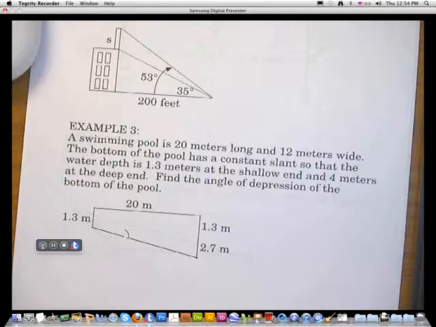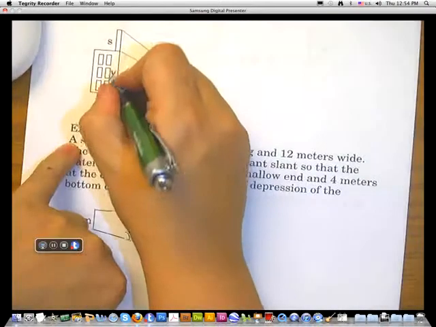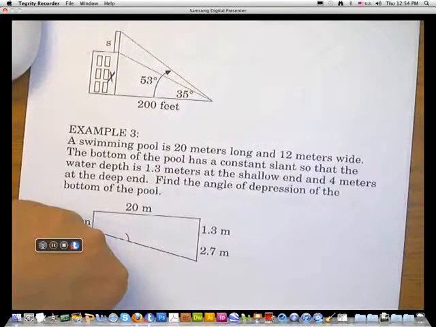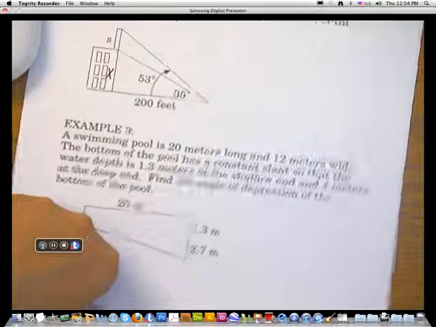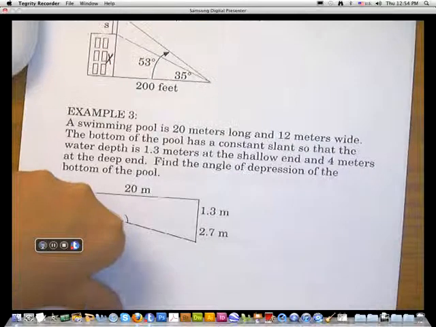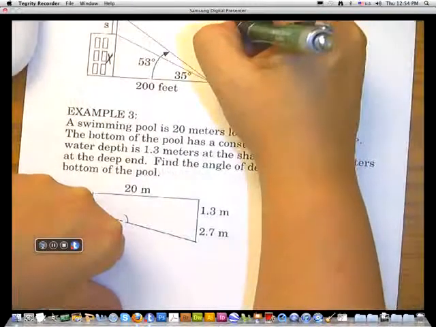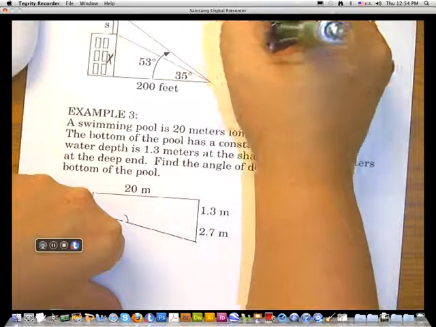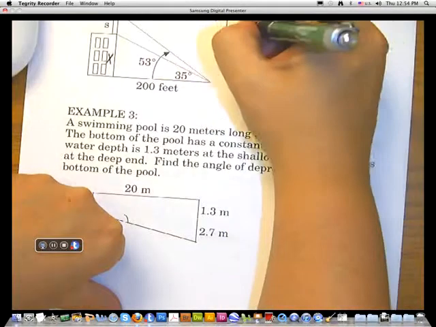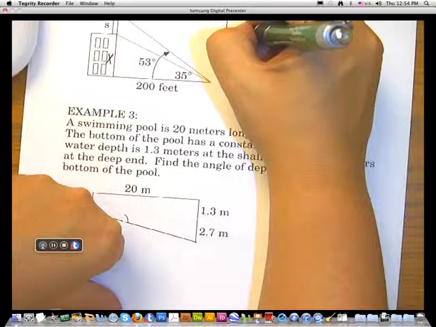Alright, on this one they were able to draw a picture for us. We want to find actually the height of the building as well as the height of the smokestack. So what we can do here is actually make 2 different triangles. We're going to make the first triangle with x, the 35, and the 200.